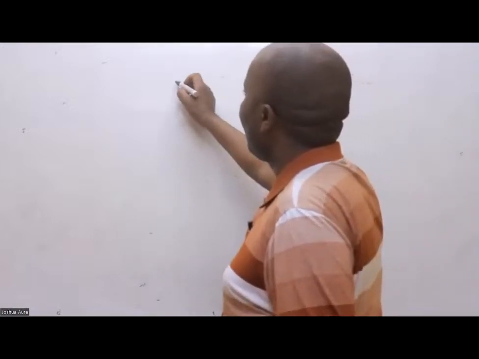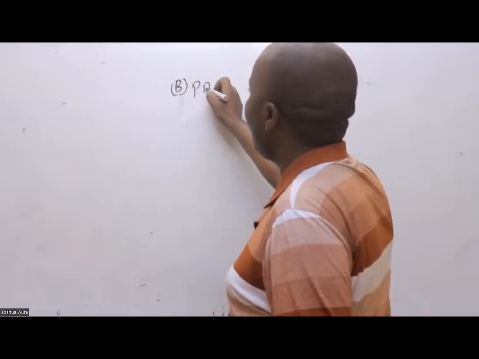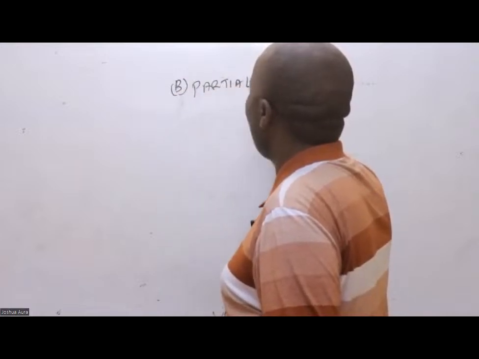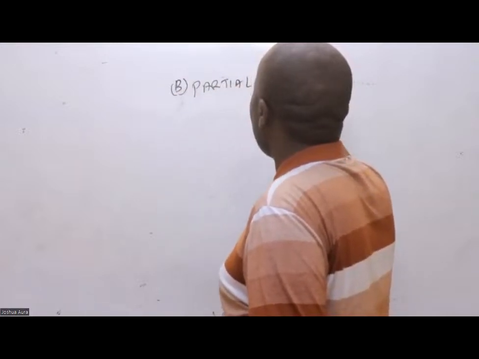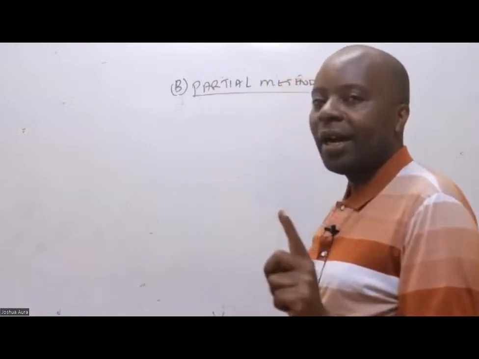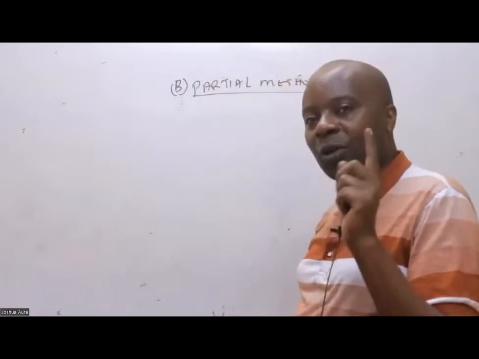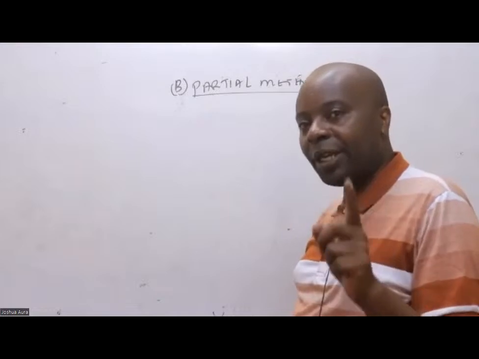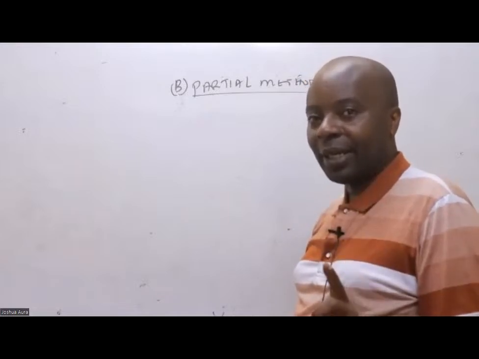Under the partial method of calculating goodwill, basically we consider one consideration, which was paid by who? The parent company.